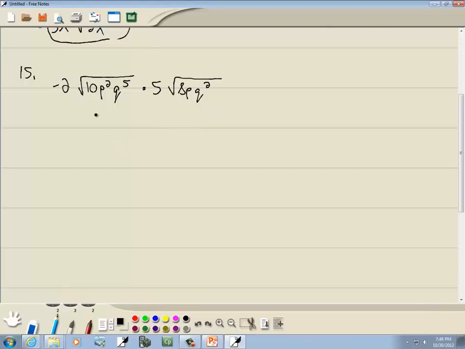Okay. Now if you're multiplying radicals together, you multiply what's underneath them, assuming the indexes are the same. If you have numbers out in front, you multiply those numbers together. So -2 times 5 gives us -10. And we'll multiply these together, and I'll put the numbers together, so I got 10 times 8. I'm going to put the p's together, so I got p squared, p, and I'll put the q's together, so I got q to the 5th, q squared.